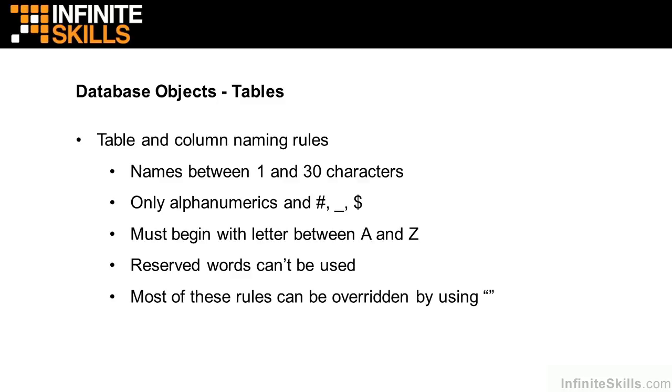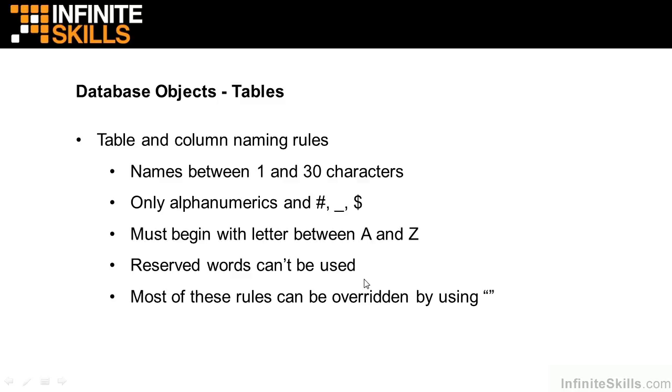So table and column names need to be between 1 and 30 characters, no more than 30 characters. For the digits in the names, we only allow alphanumeric values and the hash sign, the underscore, and the $ sign. A name must begin with a letter between A and Z, and it's not case specific. In this case, it could be lowercase or uppercase.